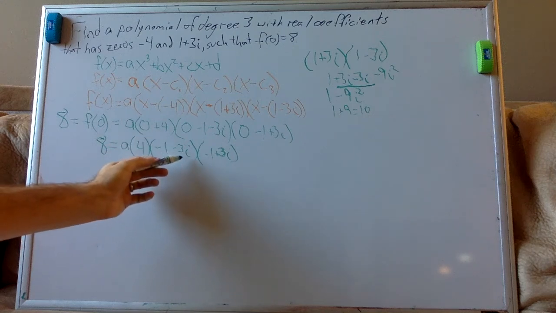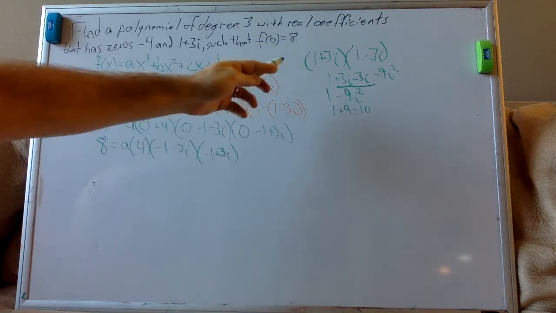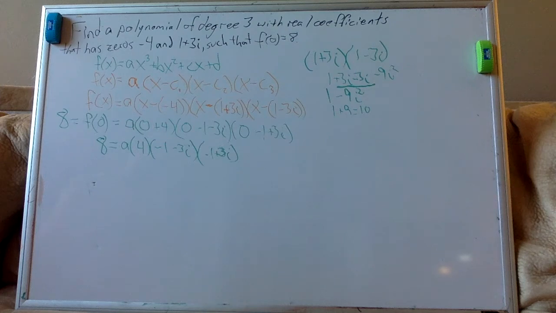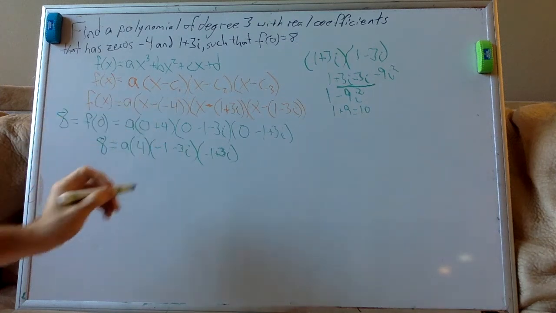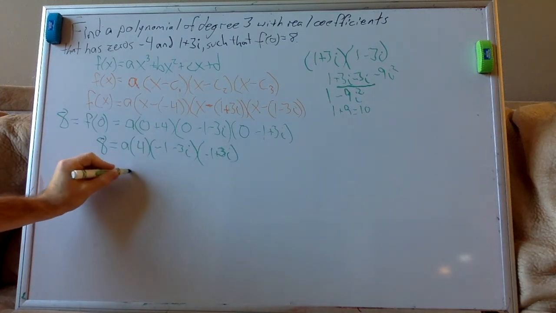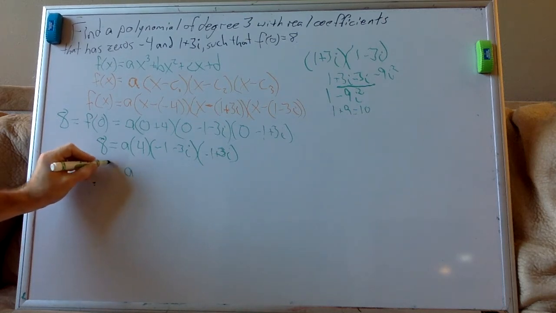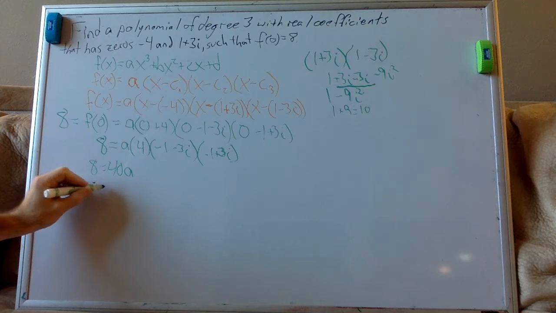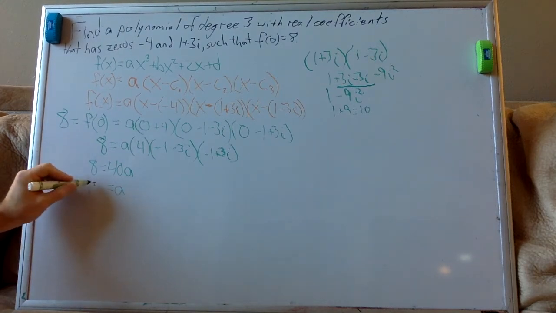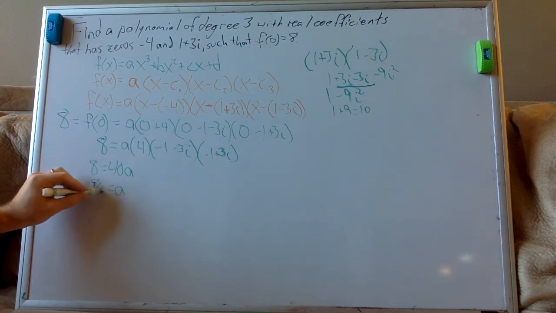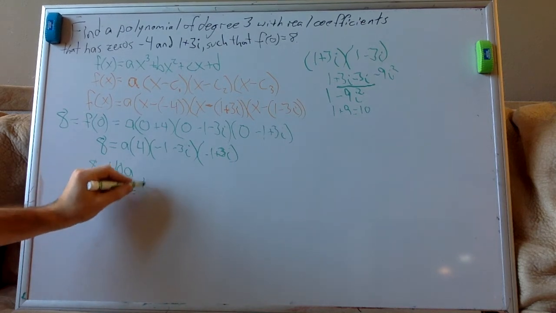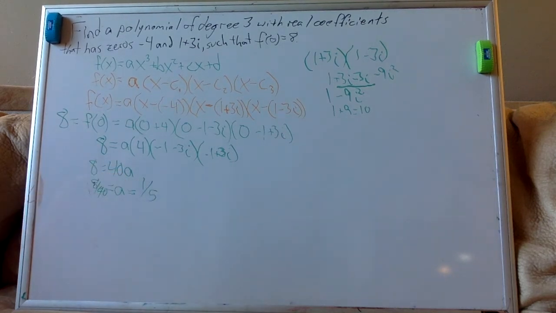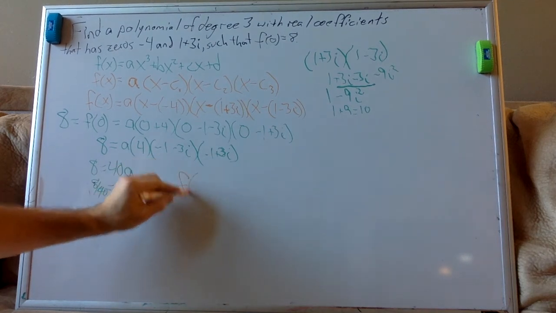And then my -3i and positive 3i is what I had earlier, which came out to a positive 9. So I'm still going to get this value of 10. So I'm just going to write that as 40a equals 8. So a must equal 8/40ths or 1/5.